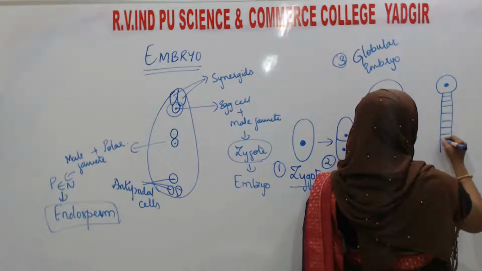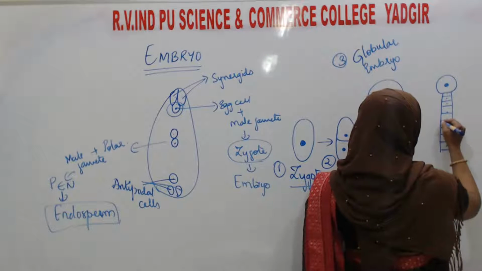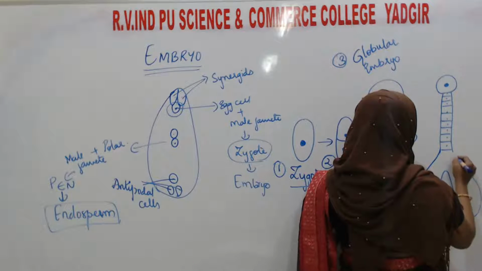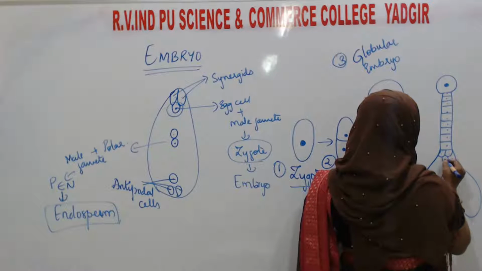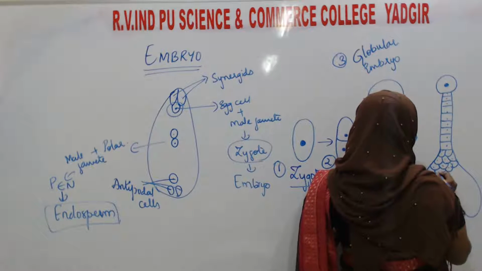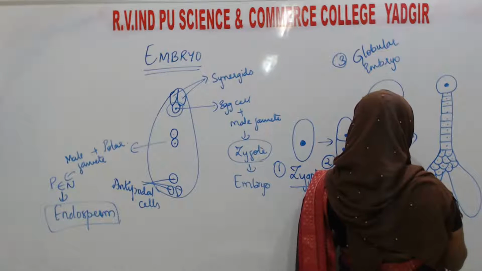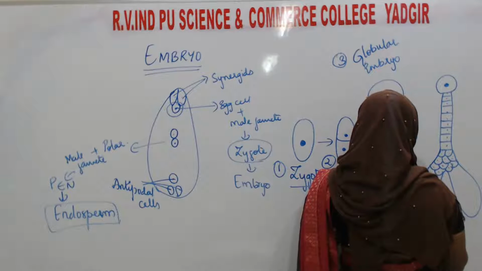After the globular embryo, here also the cells will divide first transversely, then horizontally, and here it will make a heart-shaped structure. Then the cells are going to divide repeatedly in this way, and this stage we can call the heart-shaped embryo.